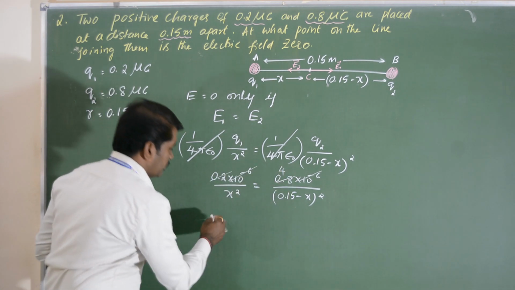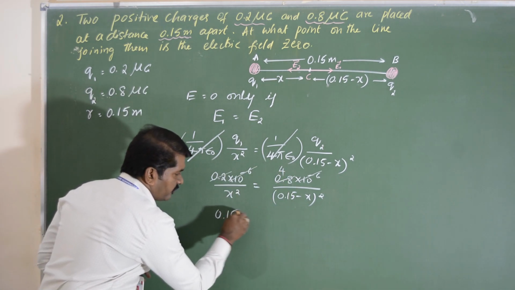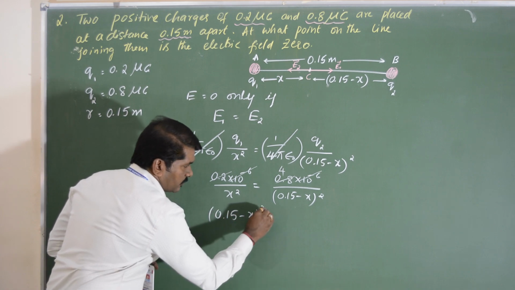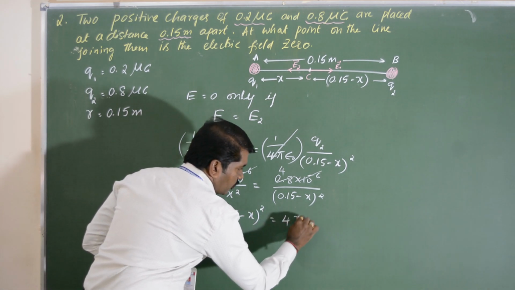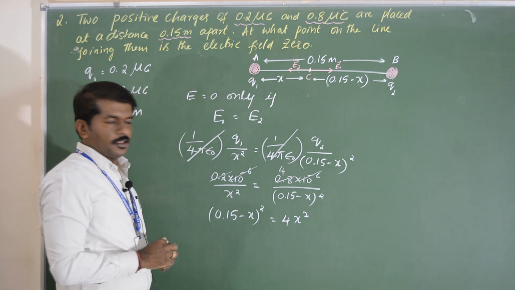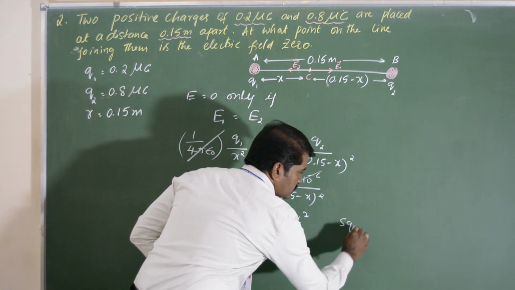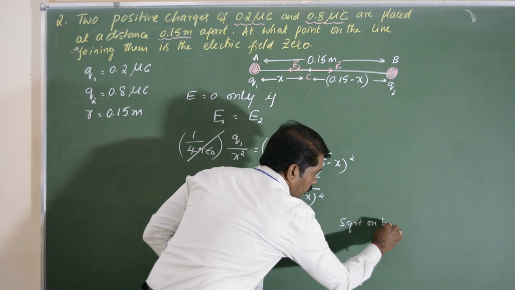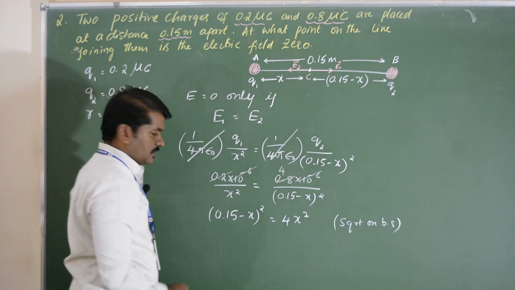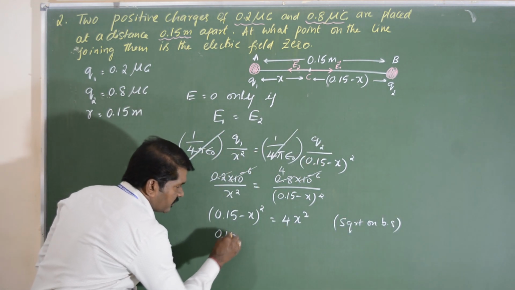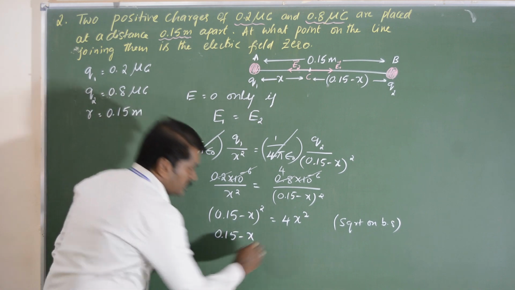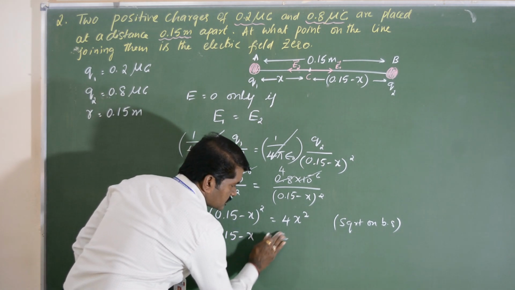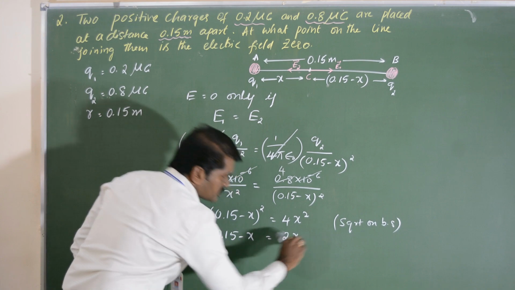If we cross multiply that one, 0.15 minus x the whole square is equal to 4x square. Take square root on both sides. Then that becomes 0.15 minus x is equal to, square root of 4 is 2x.